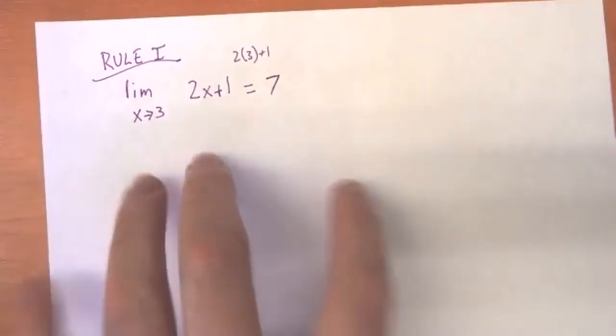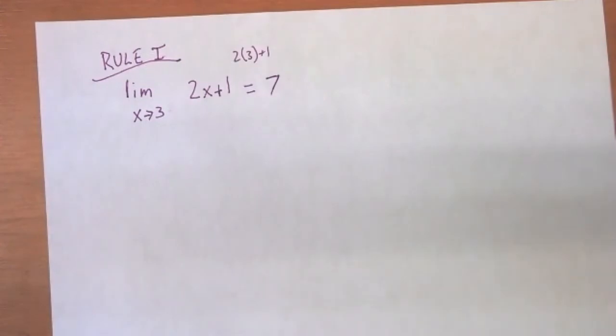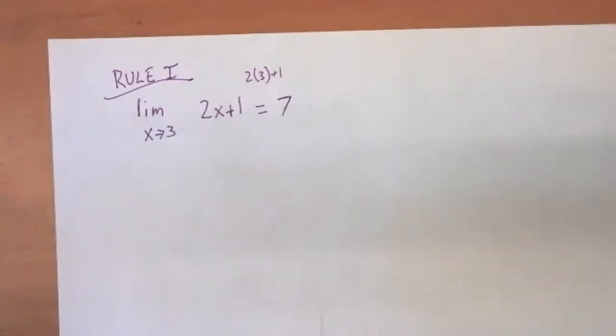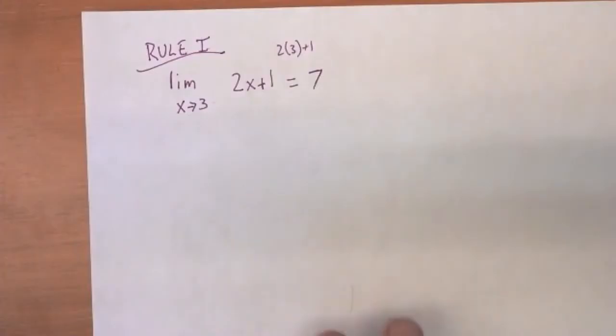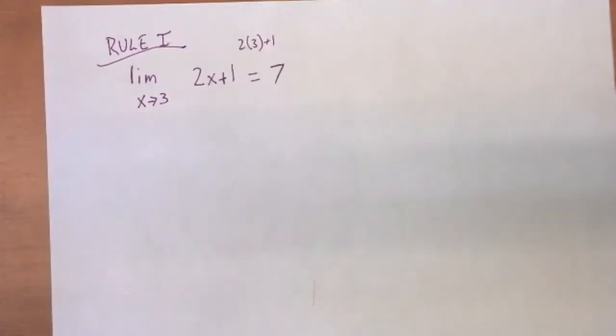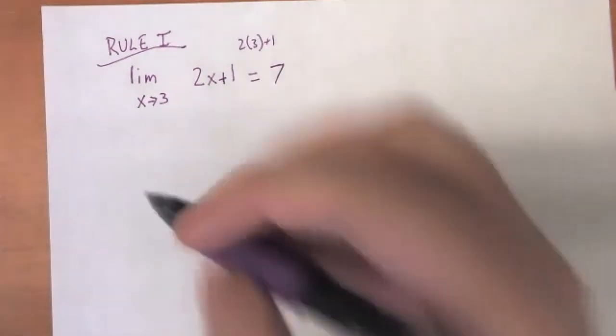So limits work really well for that. Anytime you're plugging in numbers and adding, subtracting, multiplying, dividing, raising to powers, as long as you have an answer that makes sense, that's going to be the limit of that expression. Now let's start looking at a bunch of cases where our answer doesn't necessarily make sense, and we're going to start making sense out of it.